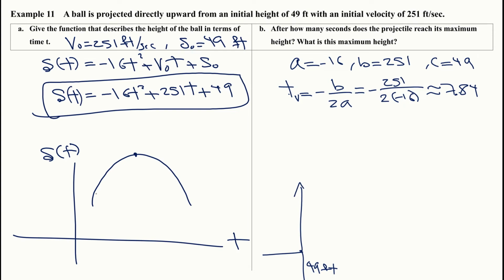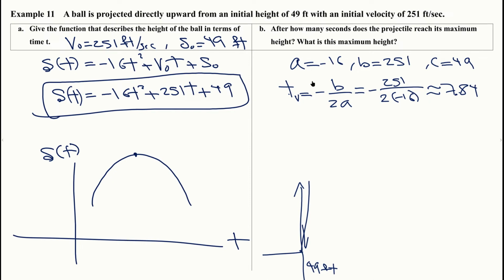It's going to reach its max height, and then what? Gravity is going to pull it back down. So it's going to reach its max height, and then drop straight back down. So this function is not describing the path of the projectile. It's describing the height of the projectile at any given time. Okay? So make sure you really understand that. All right.